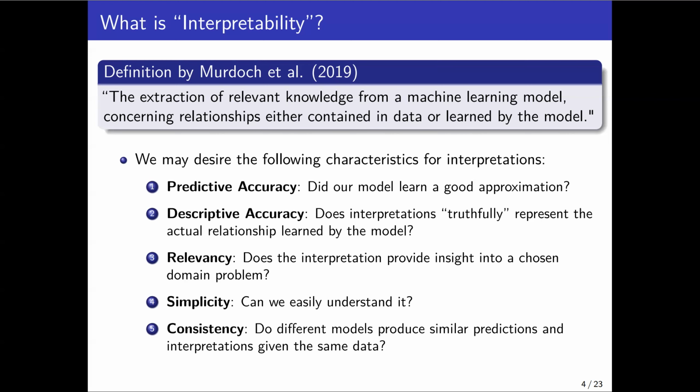Because the audience of the interpretation varies from doctors, engineers, politicians, and economists to others, we want the interpretations to provide relevant insight to the chosen domain problem. Of course, it is always necessary to emphasize the need for a simple and consistent interpretation given a single data point.